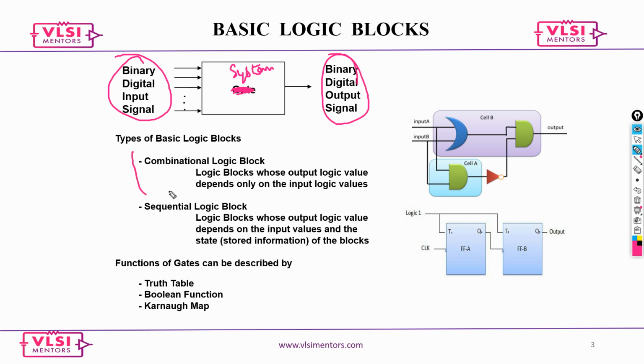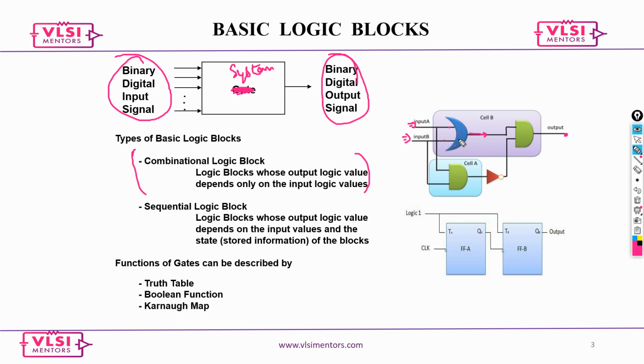Now, there are different types of systems, right? You can look at only combinational logic. So combinational logic means you give your input, and there are certain gates that take these inputs and process them as per their Boolean logic, or whatever the functionality is, and then the output is computed.